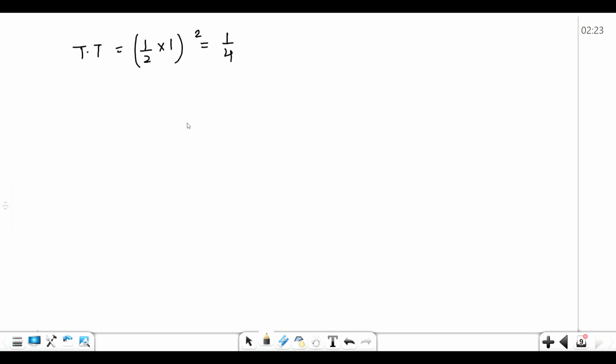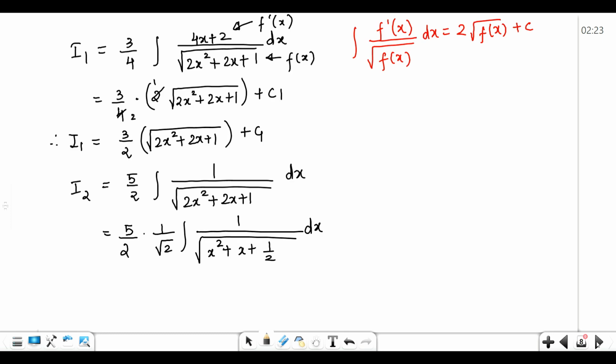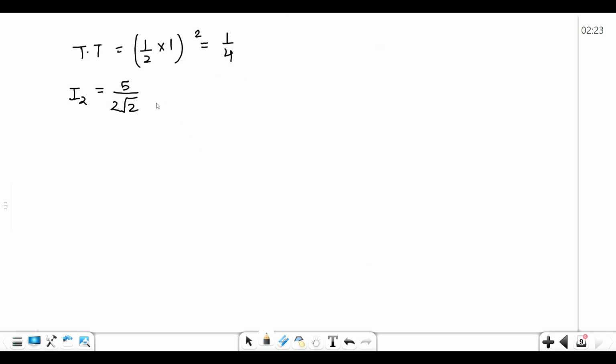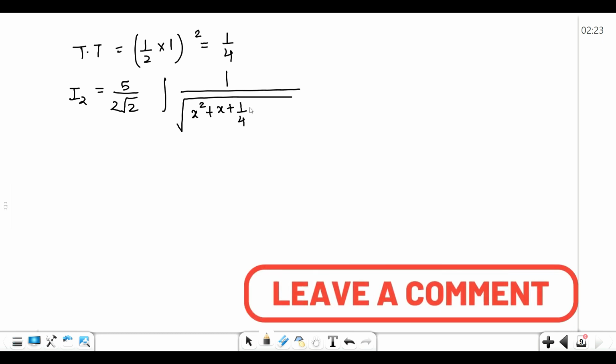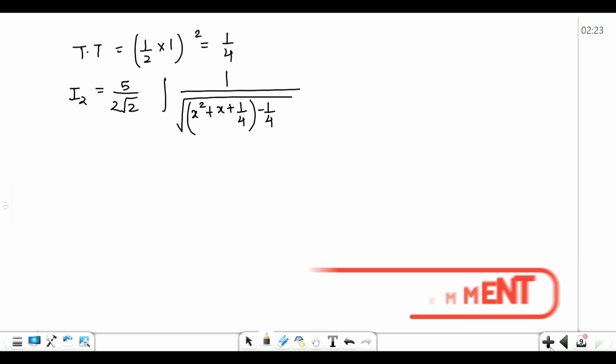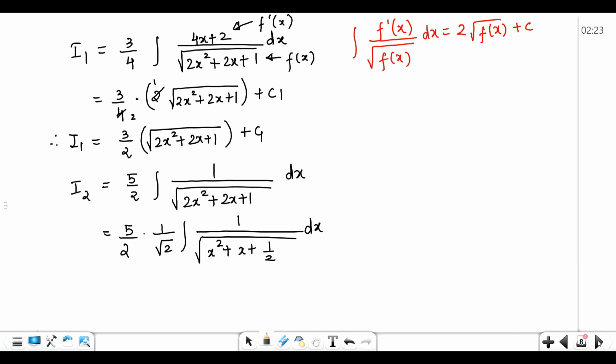So now I2 will be equal to 5 upon 2 root 2, since we already had 2 and the root 2, integration 1 upon square root x square plus x plus 1 by 4. We have added the third term. Now we'll subtract the third term, and the constant here was plus half, so plus half we had.